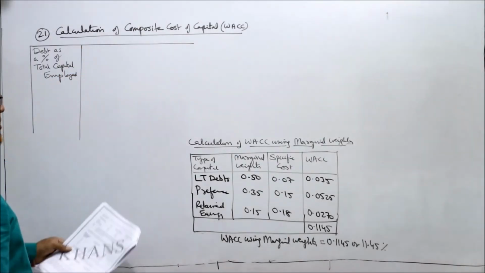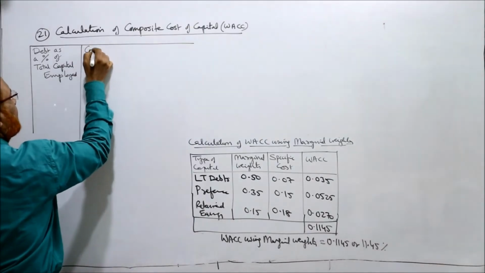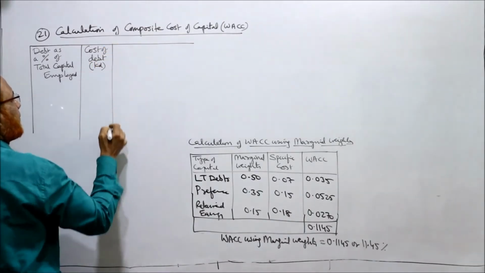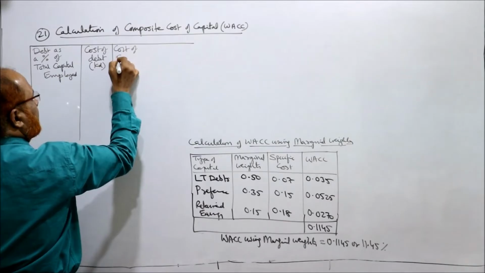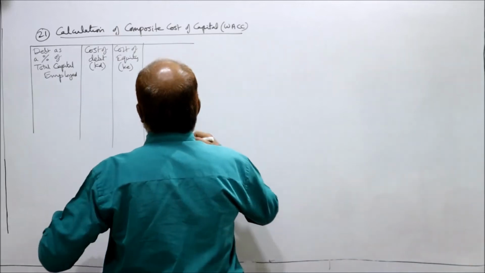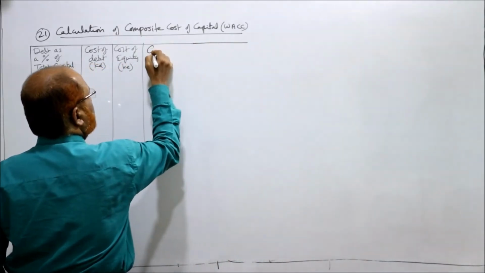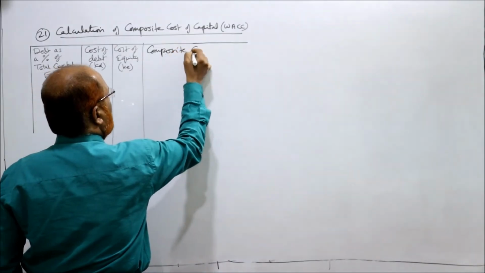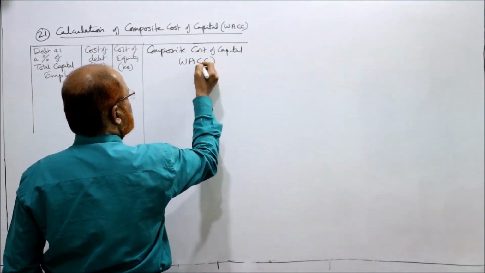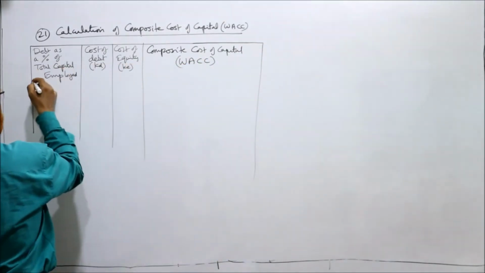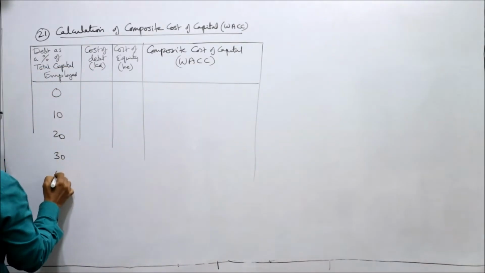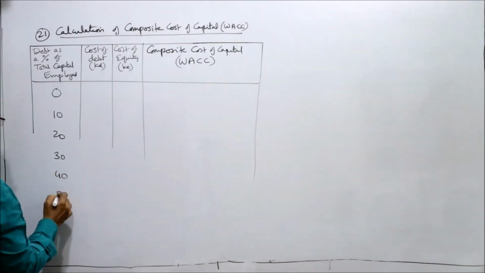Debt as a percentage of capital employed, cost of debt, cost of equity Ke. Then we have composite cost of capital. This is nothing but WACC. We are given 0, 10, 20, 30, 40, 50, 60.